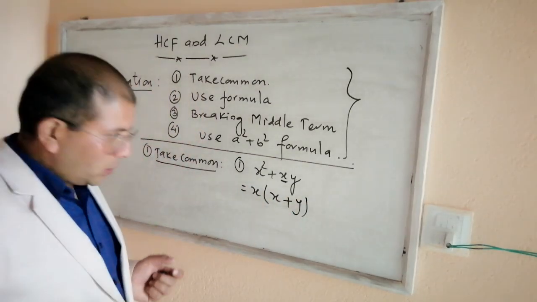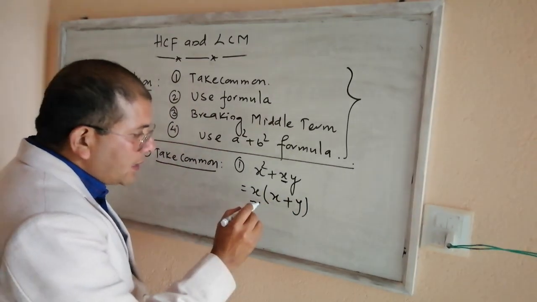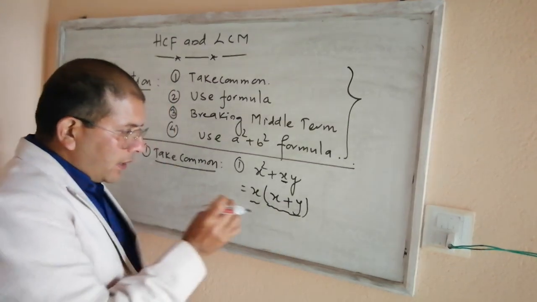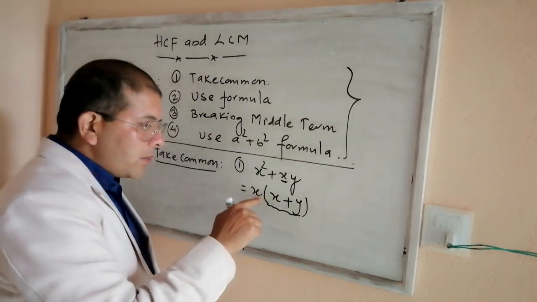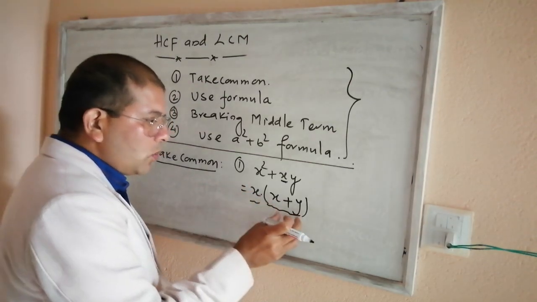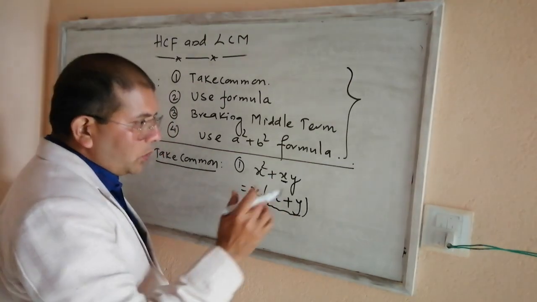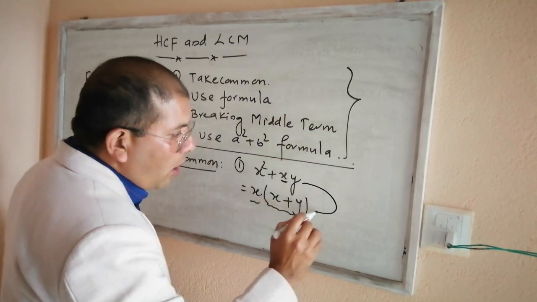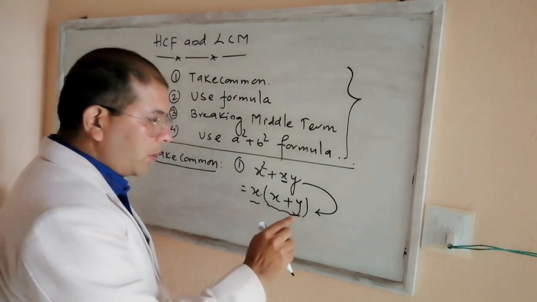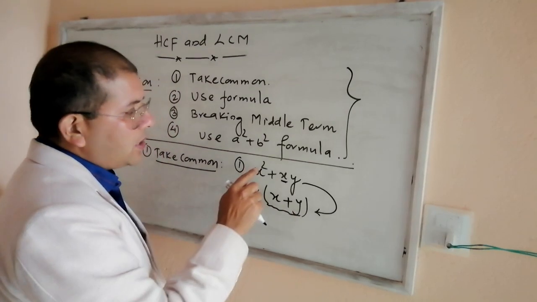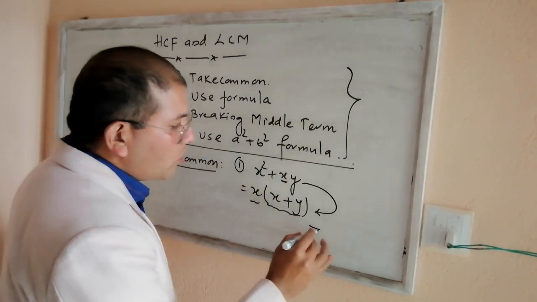Now check this one, x into x plus y. This is in the form of product. Here is a bracket, so here is a product. x into this one, so this is the expression in the form of product. Now this is in the form of product, so this is the factorization of the given term.